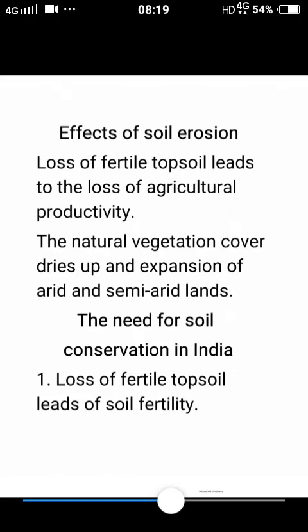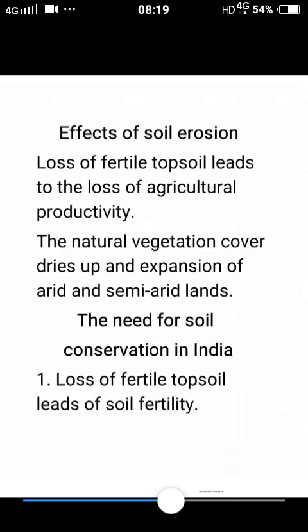The need for soil conservation in India. Here is the many importance we know about the soils. So here is the need for soil conservation in India. Firstly, loss of fertile topsoil leads to loss of soil fertility.